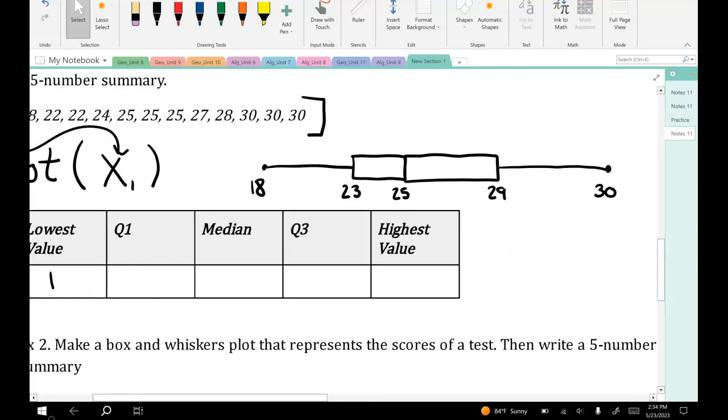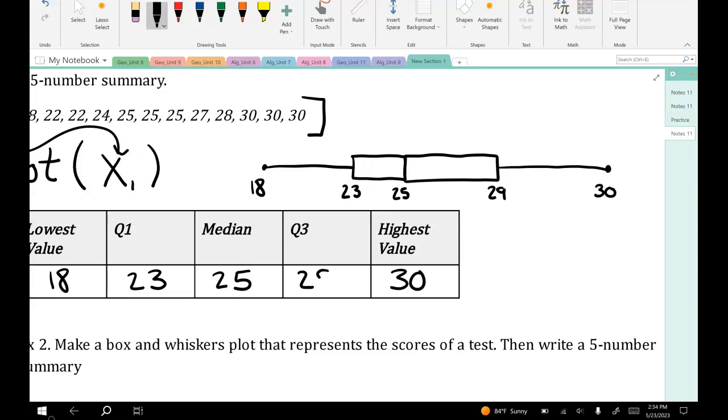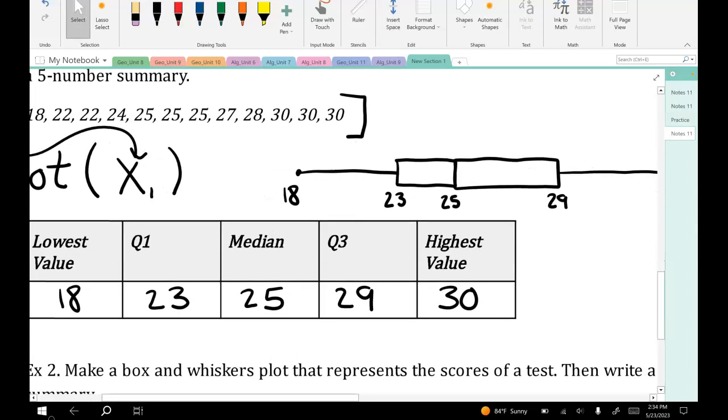Your lowest and your highest value you can always get from just looking at your list. What we're really having Desmos do for us is get us the proportions of our box plot and our quartile values. So in context, this is what our box plot is telling us. We know that 25 is our median. Like I said up at the top, it's kind of our 50% mark.